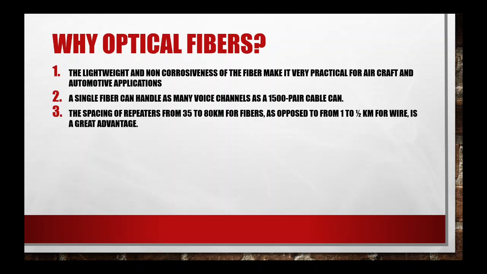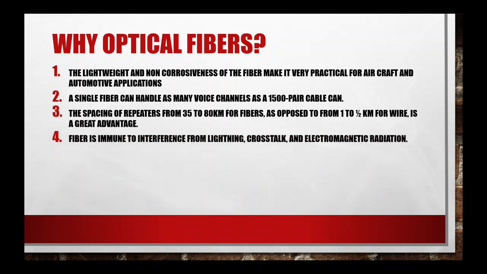So, in terms of the repeaters, typically, for fiber optics, ang repeaters is nilalagay natin 35 to 80 kilometers. While for metallic cable, it is placed from 1 to 1/2 or 500 meters lang. So, malaking advantage na din yan.